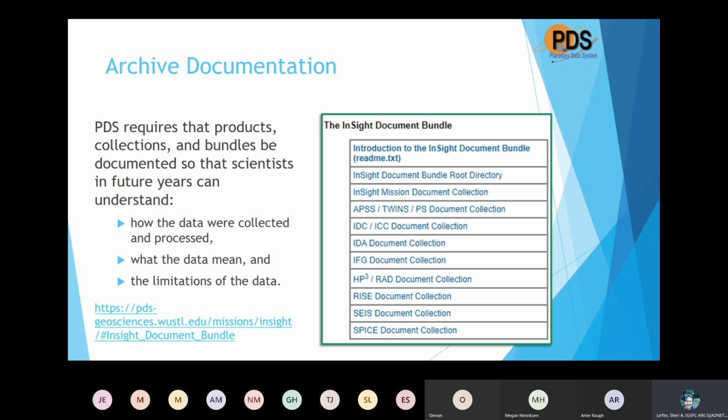For Insight, what in particular about Mars were you studying? What was the point of this particular instrument on this particular mission? We need to know about the target. We need to know about the method. All of these things need to be documented. And every document, remember, is also a product, so it will have a corresponding label file. Everything in PDS has a corresponding label file.